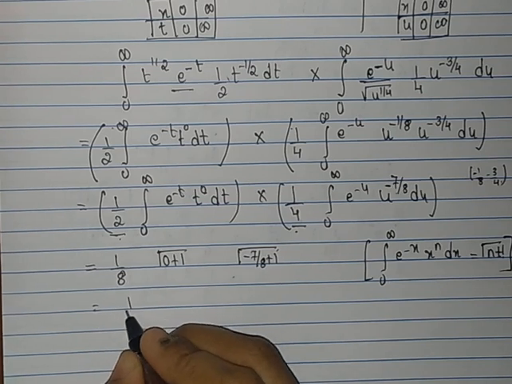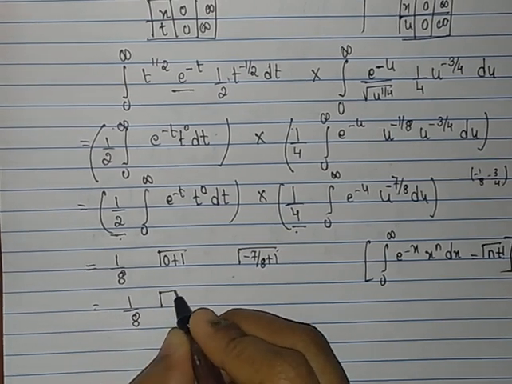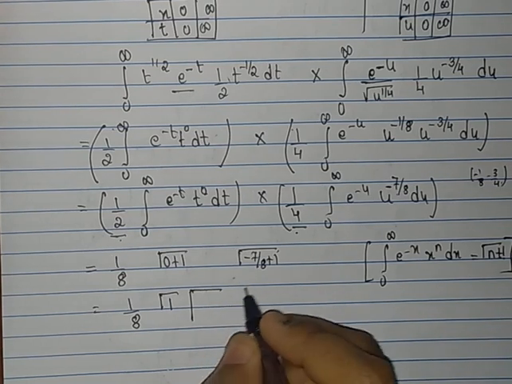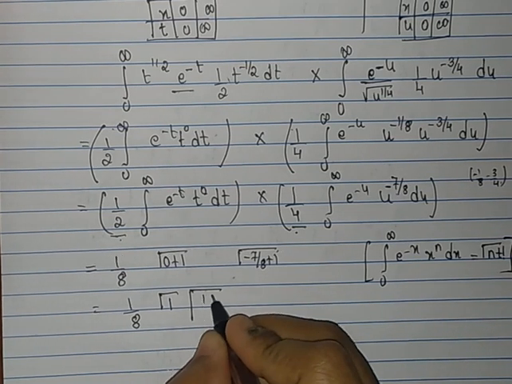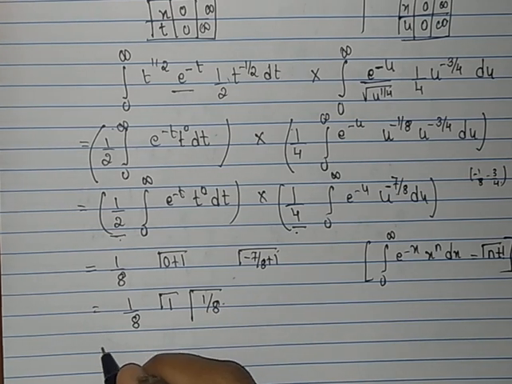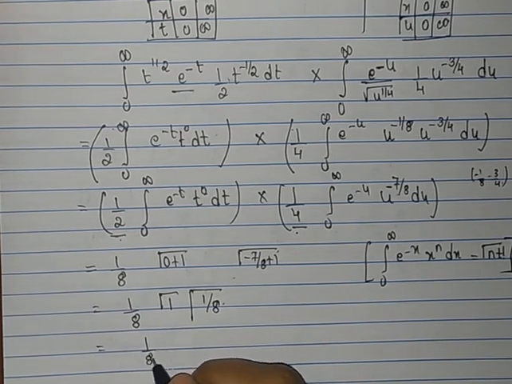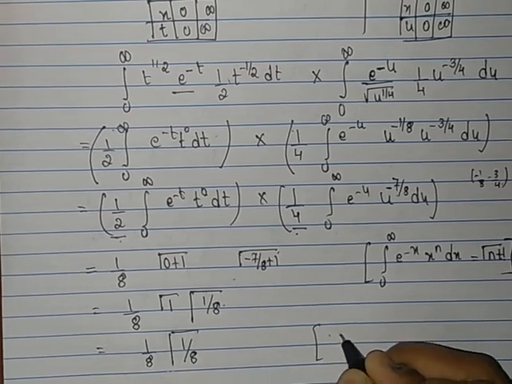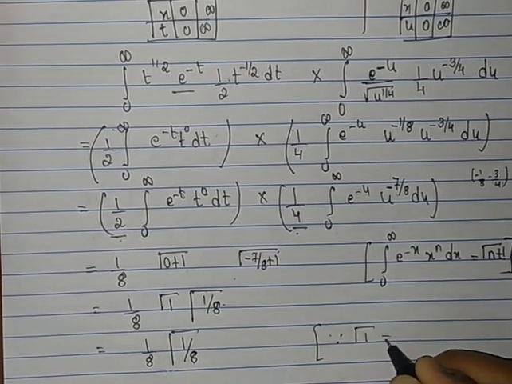So the final answer turns out to be 1 by 8 gamma 1, minus 7 by 8 plus 1 gives me 1 by 8. So the answer turns out to be 1 by 8 gamma 1 by 8. Remember, gamma 1 is 1.